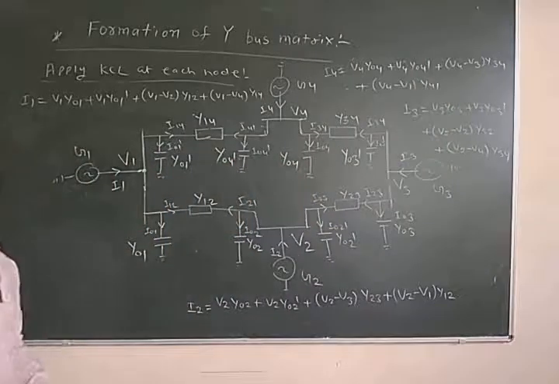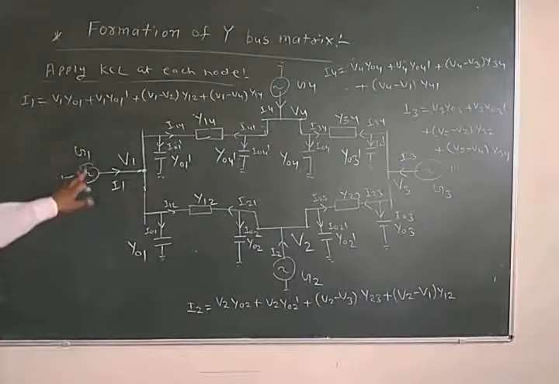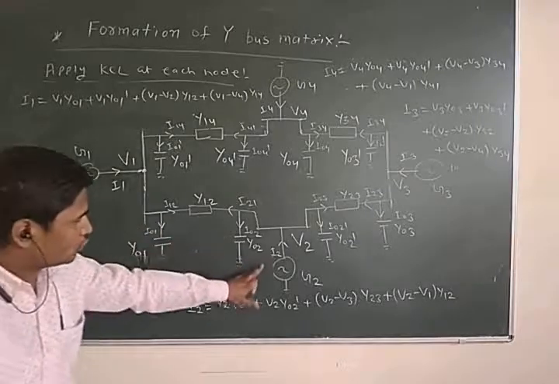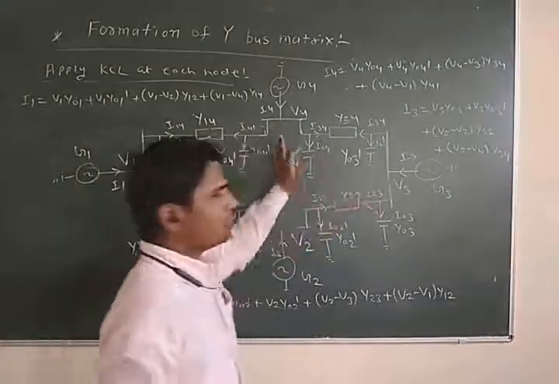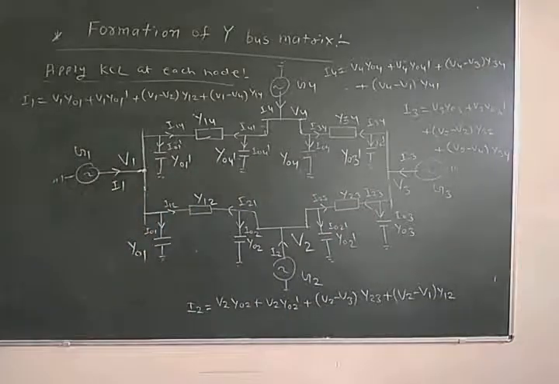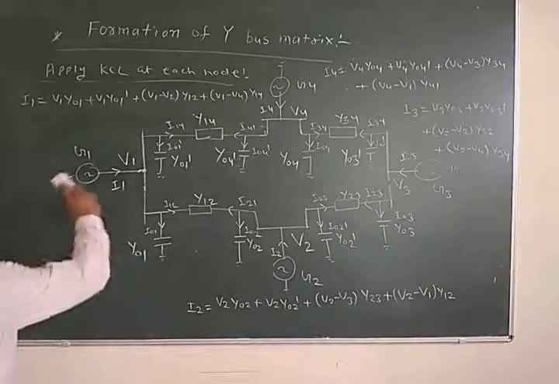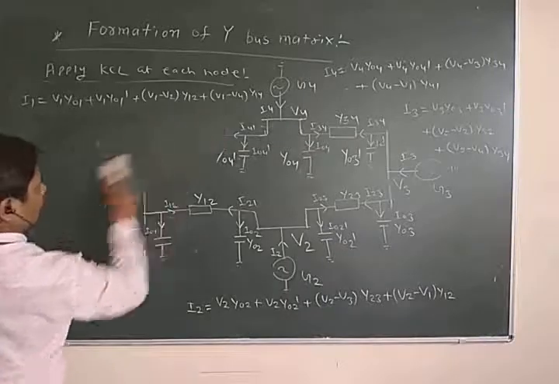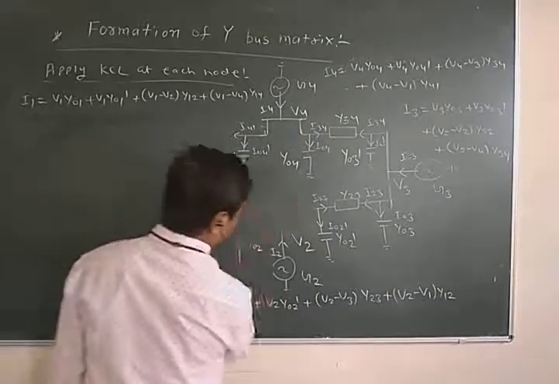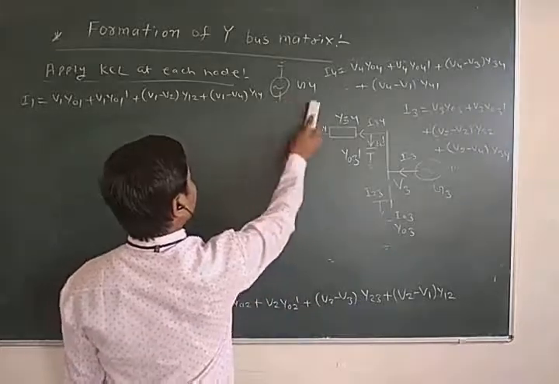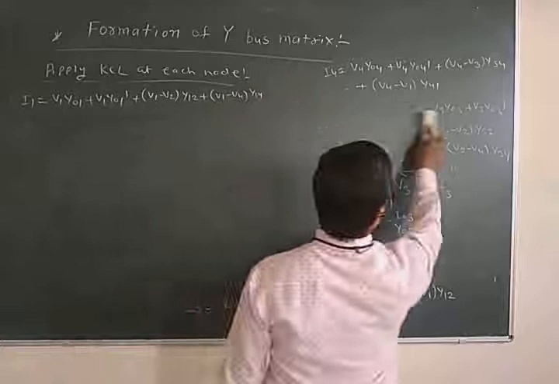So now we have obtained 4 KCL equations at bus 1, bus 2, bus 3 and bus number 4. Now we rearrange these equations. So now we simplify these equations and get admittance matrix or Y bus matrix.